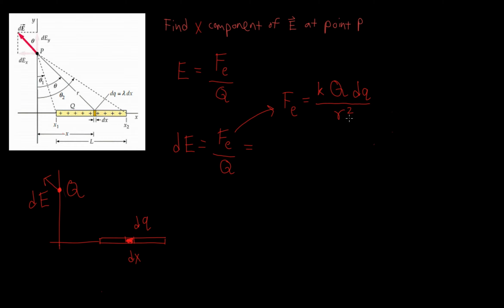And r is just the length from point P on this diagram all the way to the really small segment of charge that we're considering. So r is just the shortest length from point P to dx, or it's this line right here.